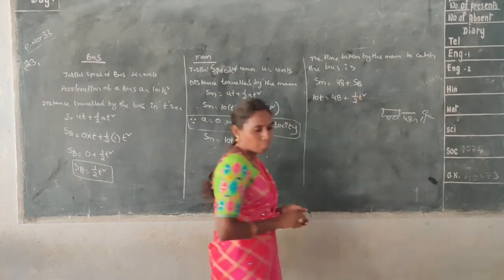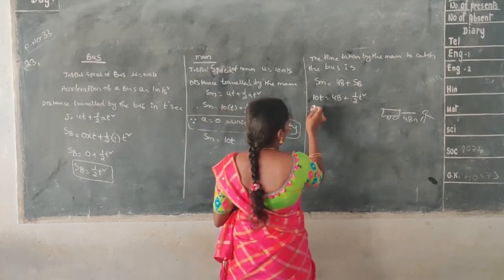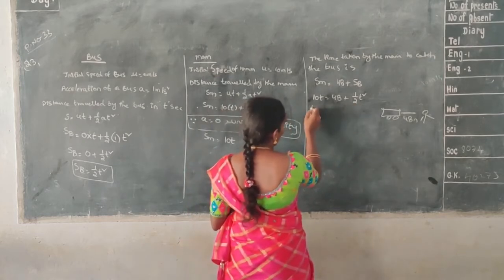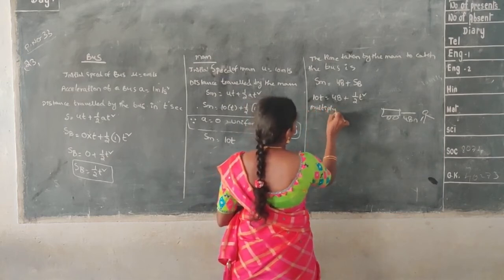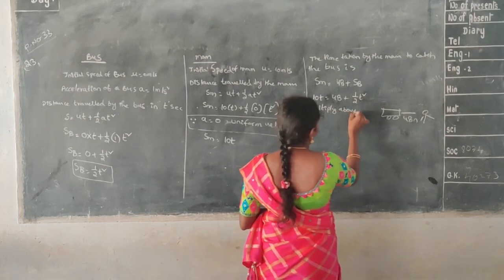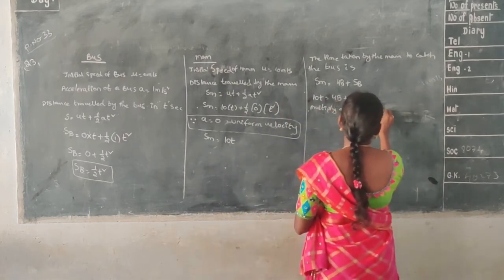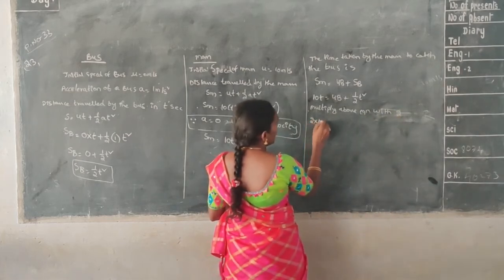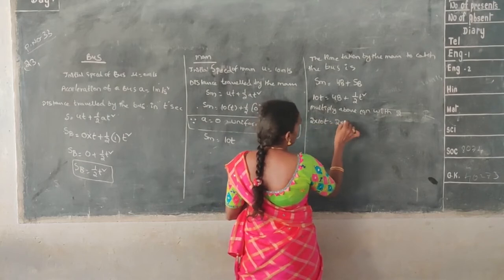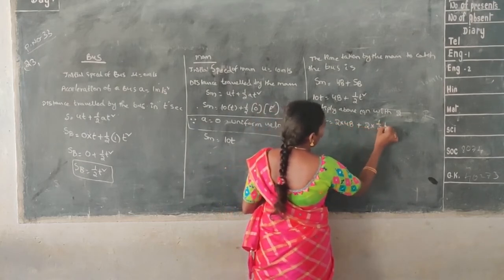Here the above equation is multiplied with 2. So 2 into 10t is equal to 2 into 48 plus 2 into half t square.